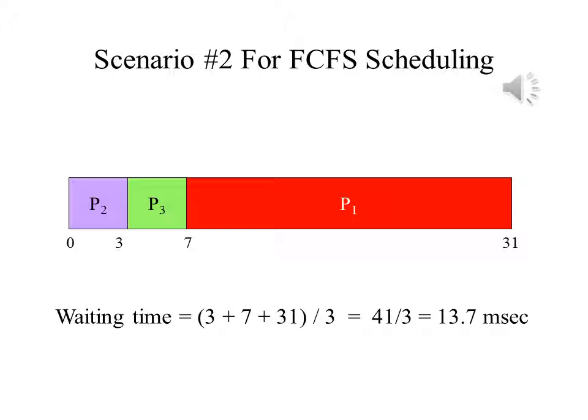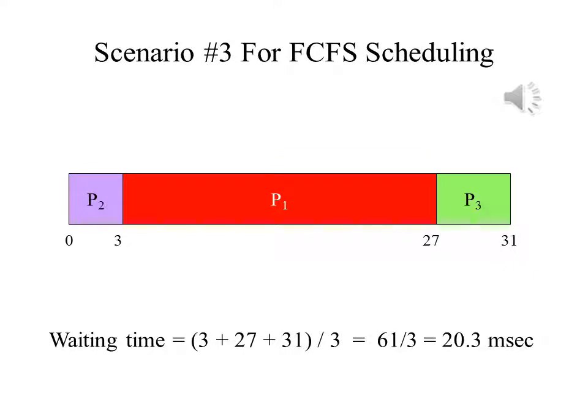But P1 waits for 7 milliseconds and then takes 24 milliseconds for a total of 31 milliseconds. The average processing time drops to 13.7 milliseconds. This third scenario shows a mid-range value, which is representative of the other 3 cases.